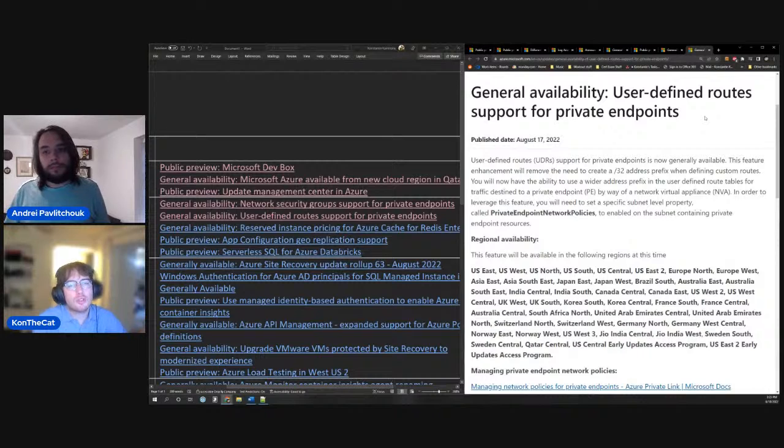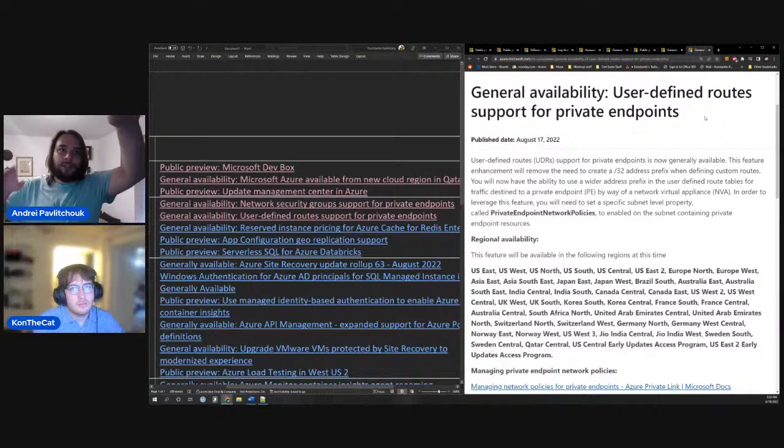I'm just struggling to think of a use case where you need a user-defined route for a private endpoint. I guess if you have an application in one tier, and you need it to communicate with another tier over a private endpoint, you essentially need to have that route.